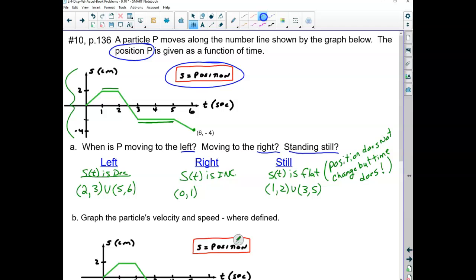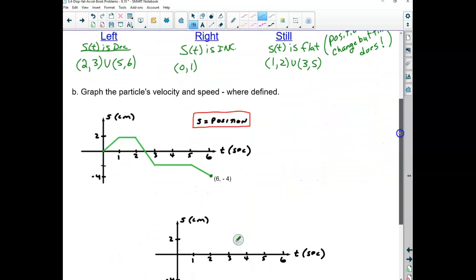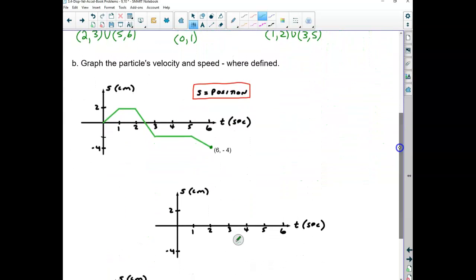Last thing I want to do is come down here and graph the particle's velocity and speed based off of my position. So here's my position. This is going to be my v of t graph. Now I do have quantities.